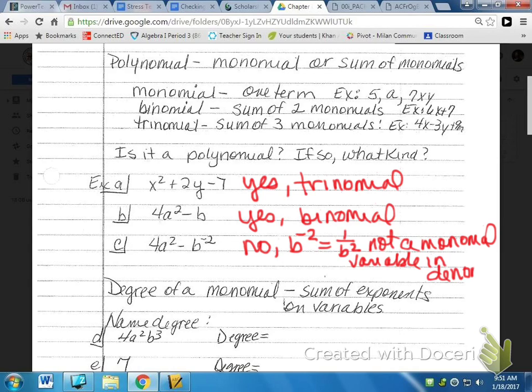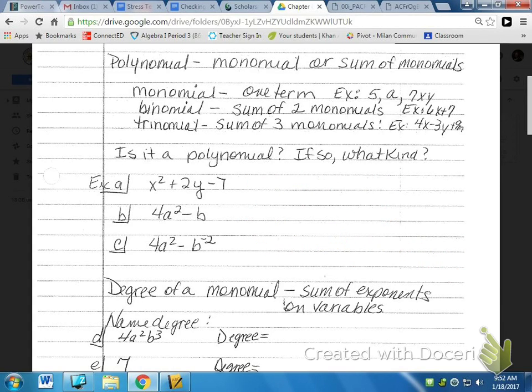You could just say that part; you didn't have to say not a monomial. A variable in the denominator is what eliminated it. So basically you're going to determine yes or no. If it's yes, you say monomial, binomial, or trinomial. If there's more than three terms, you would just say polynomial. If it's not, you need to say why not. Questions about any of those examples?